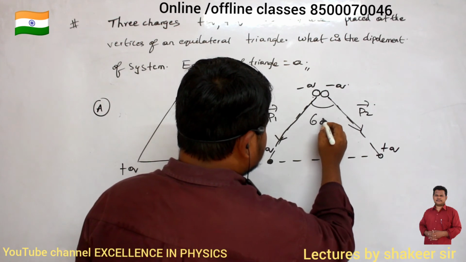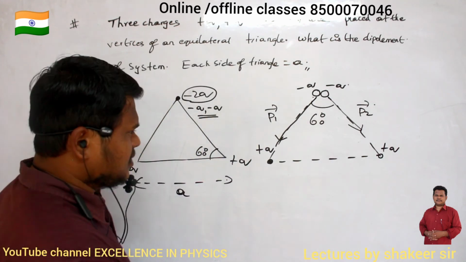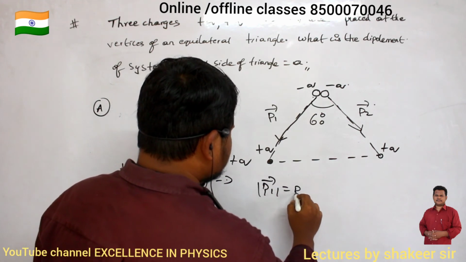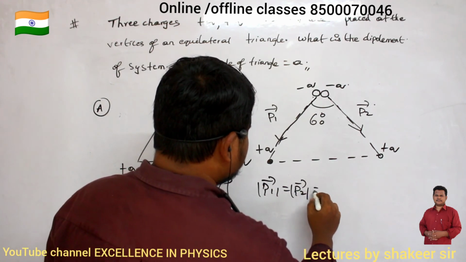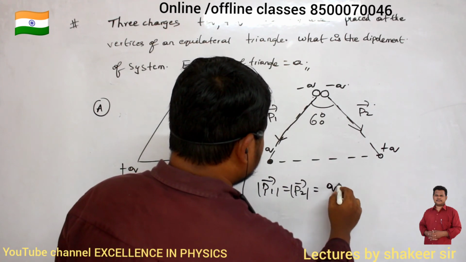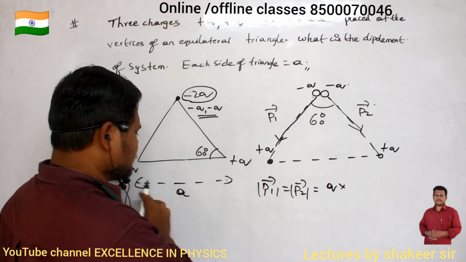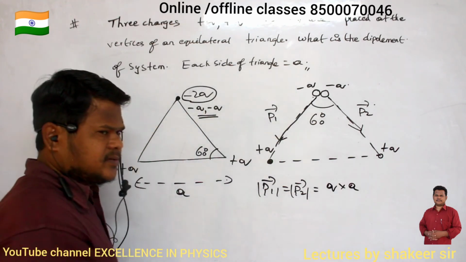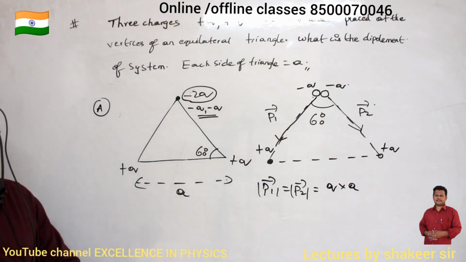Angle between them is 60 degrees. What are the magnitudes of P1 and P2? P1 dash equals P2 dash, with charge q and distance between the charges a, so q into a. This is the dipole moment of each combination.